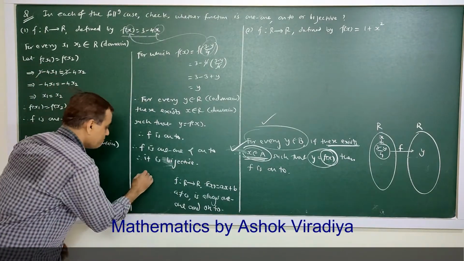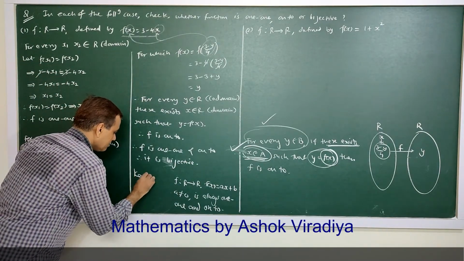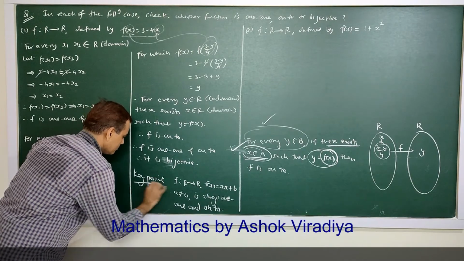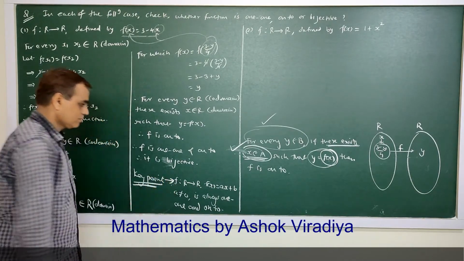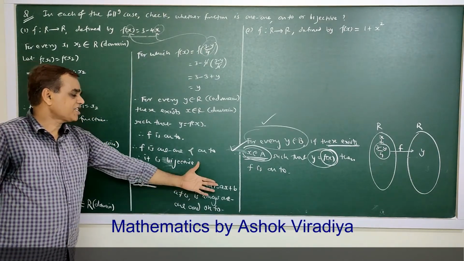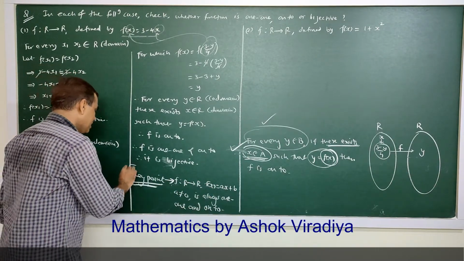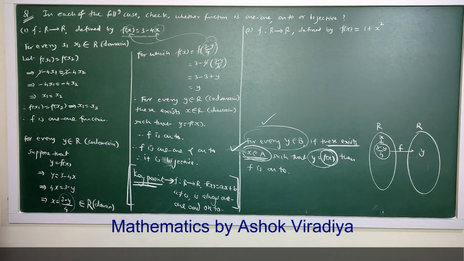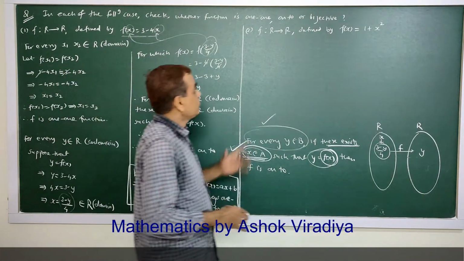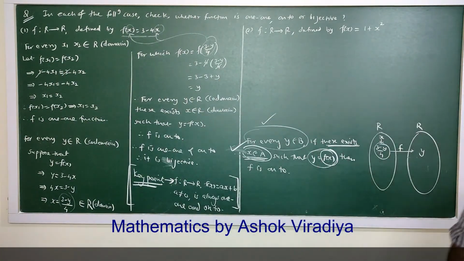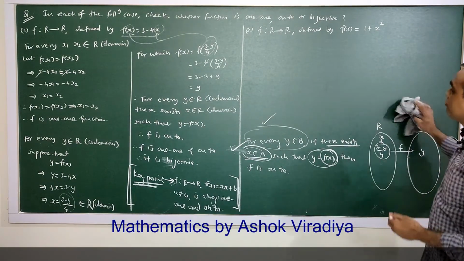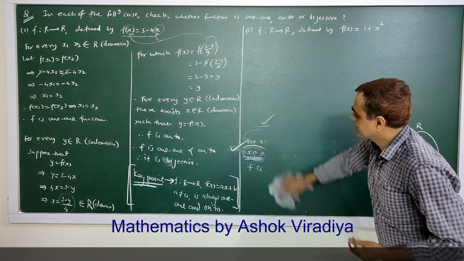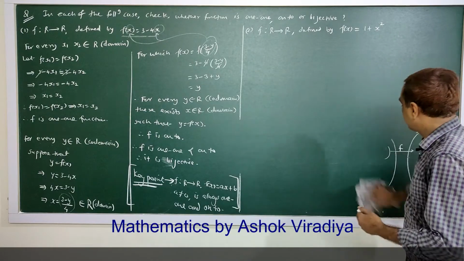So remember this key point. Every such type of function is always 1-1 and onto. Now in this question, the function is from R to R, f(x) is 1 plus x square.